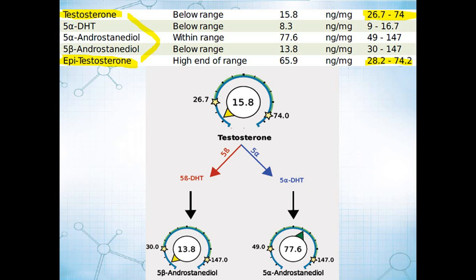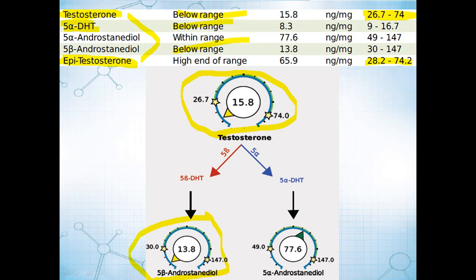The other reason that we use it is for an internal kind of quality control check, for the following reason, and this is a little bit complex. But if you look at this patient, the testosterone is low. Beta androstenediol is low, and DHT is below range. So those three are below range.